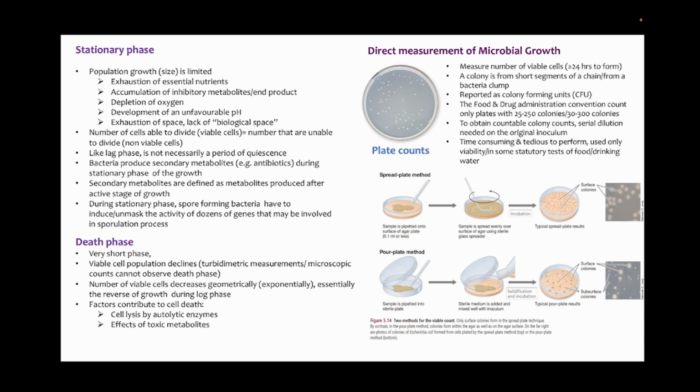That's why we do the spreading, we do the pour plating, and even when we do membrane filtration, we try to make sure they are well distributed. Because the principle of the method is the colony is formed from a single bacteria. So if you don't spread it properly, you do not fulfill this criteria.